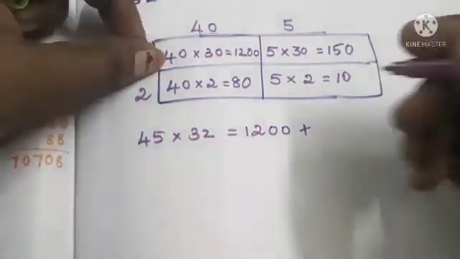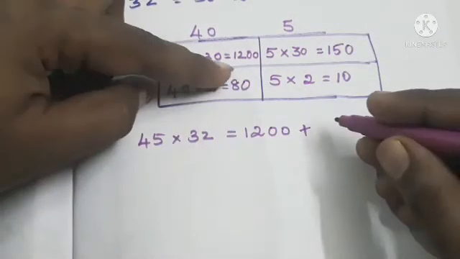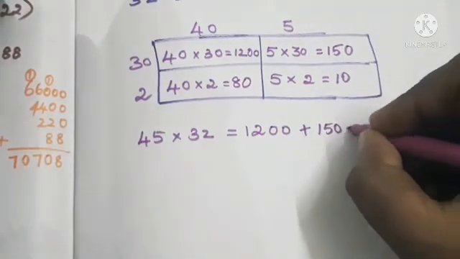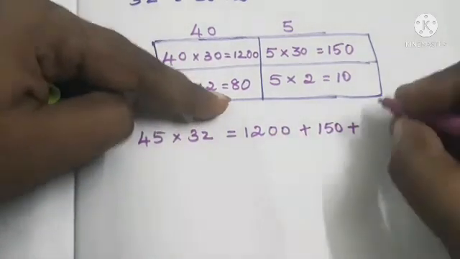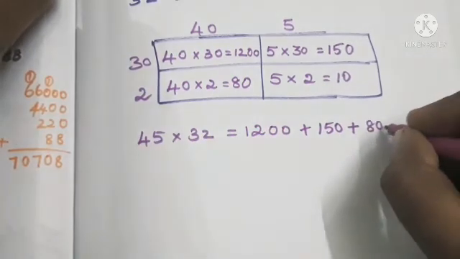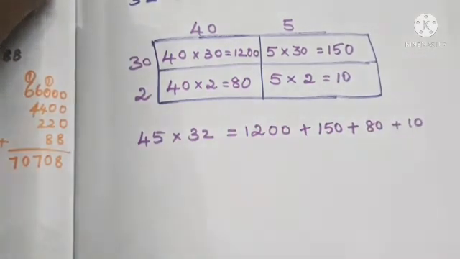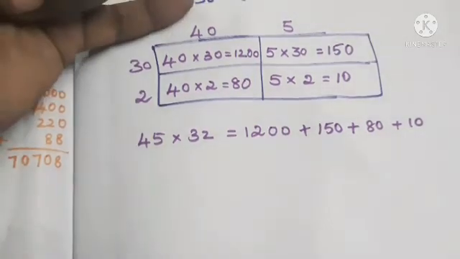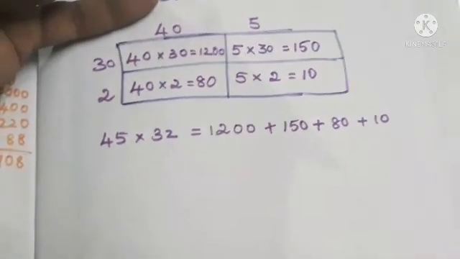In the first box we have 1200 and second box we have 150, and next plus, we have to add the next numbers in the second row, so 80 plus 10. So we can add these numbers. Okay, this is a rough work. We can do it at the right side of the booklet.